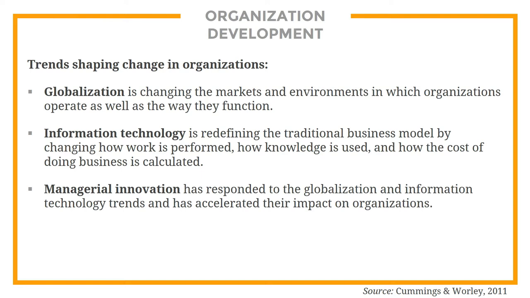Okay, so another trend would be information technology. So information technology is redefining the traditional business model by changing how work is performed, how knowledge is used, and how the cost of doing business is calculated.